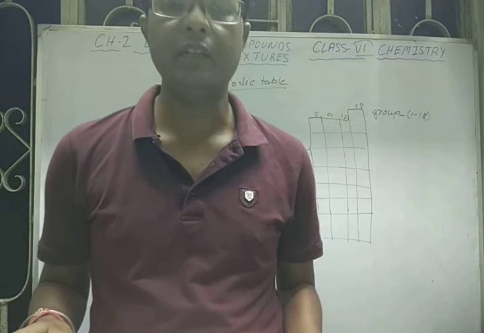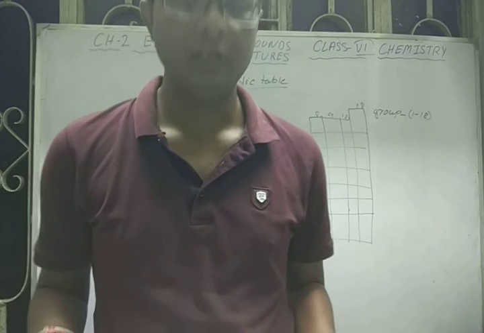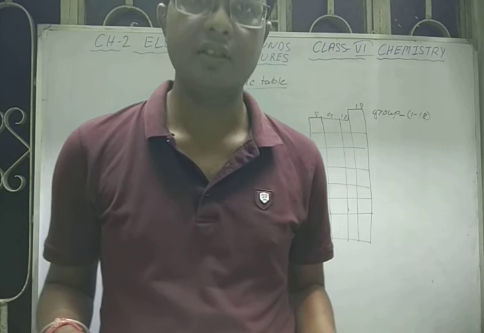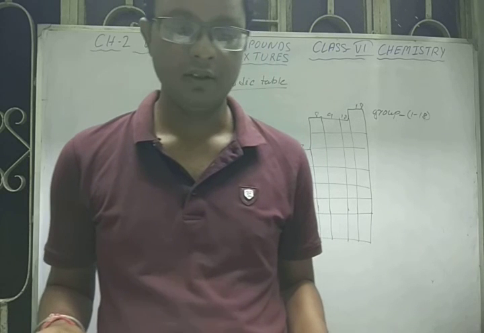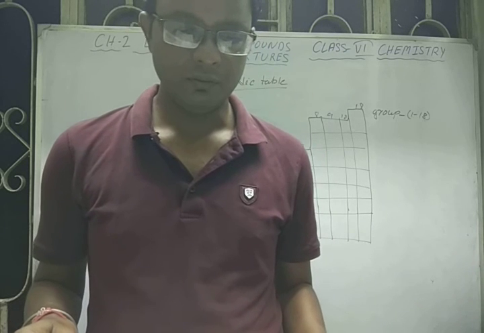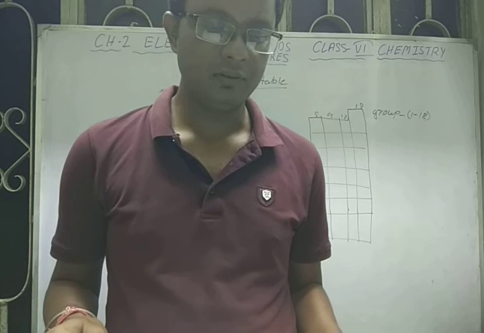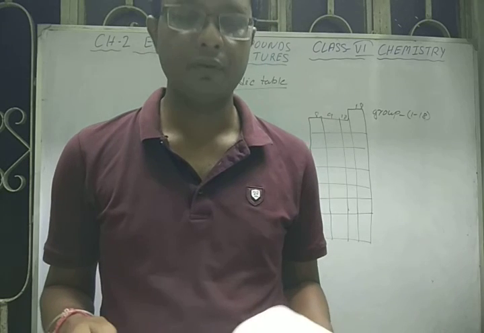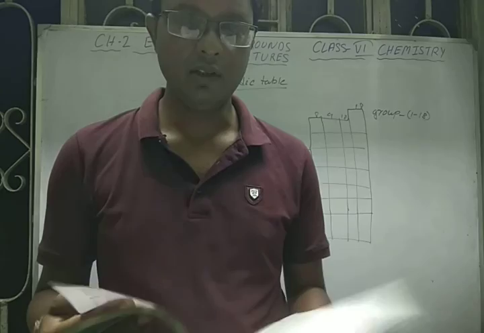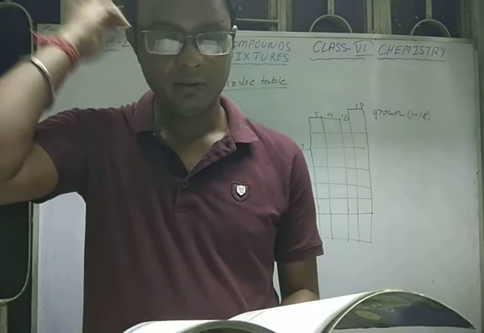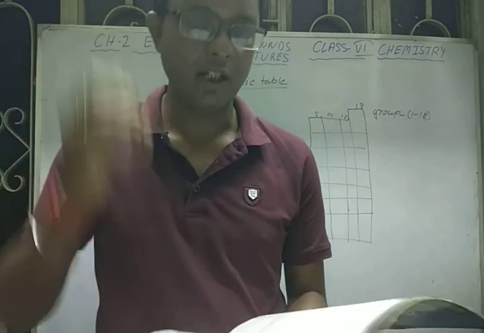These first 20 elements you have to learn in serial order with their symbols. It is very important. Okay. So this is all about the representation of elements with their symbols, the periodic table, and the first 20 elements that we have to learn.